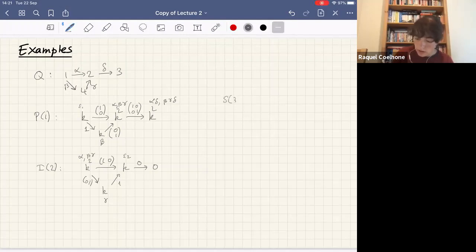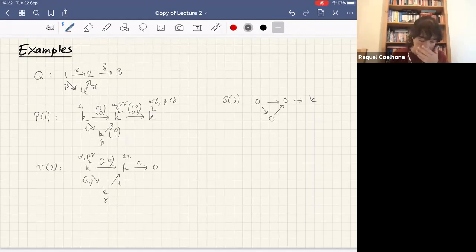Let's say S3. S3 is very simple, so it's just 0, 0, K, and K, and then 0 here, sorry. So 3 is actually a sink. This means that all the arrows incident at 3 have 3 as a target. So 3 is just the target of arrows.